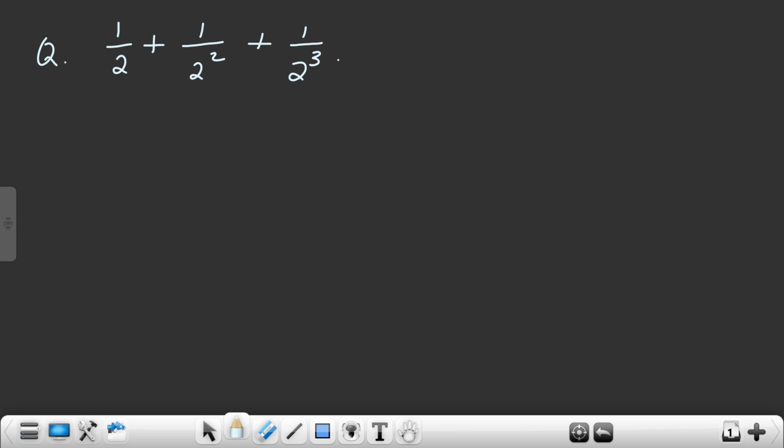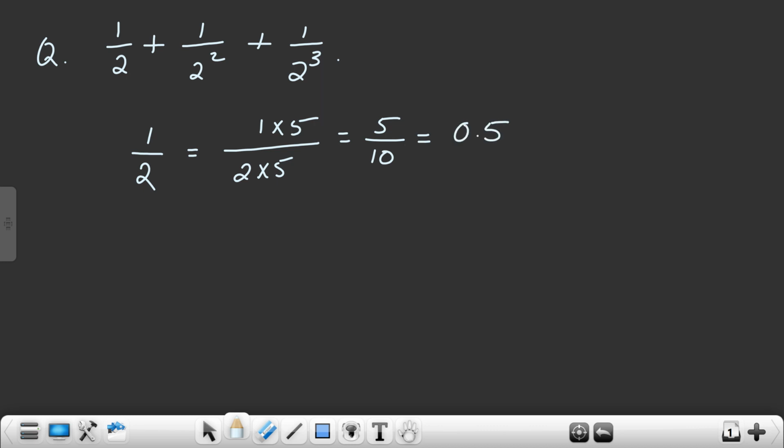Take the first term 1 by 2. The denominator is a power of 2, so we can convert into power of 10. So multiply the denominator and numerator by 5, 5 by 10. So the corresponding decimal form is 0.5.